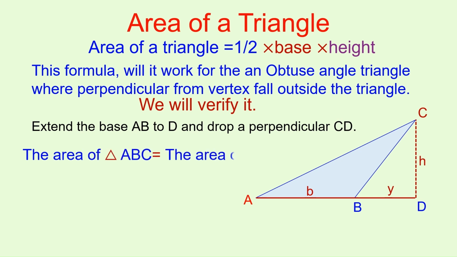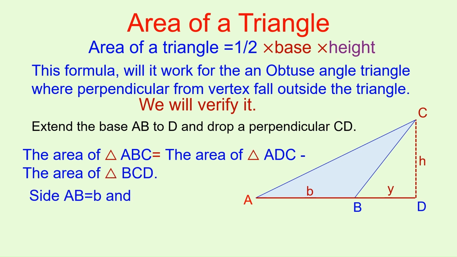The area of triangle ABC equals the area of triangle ADC minus the area of triangle BCD.